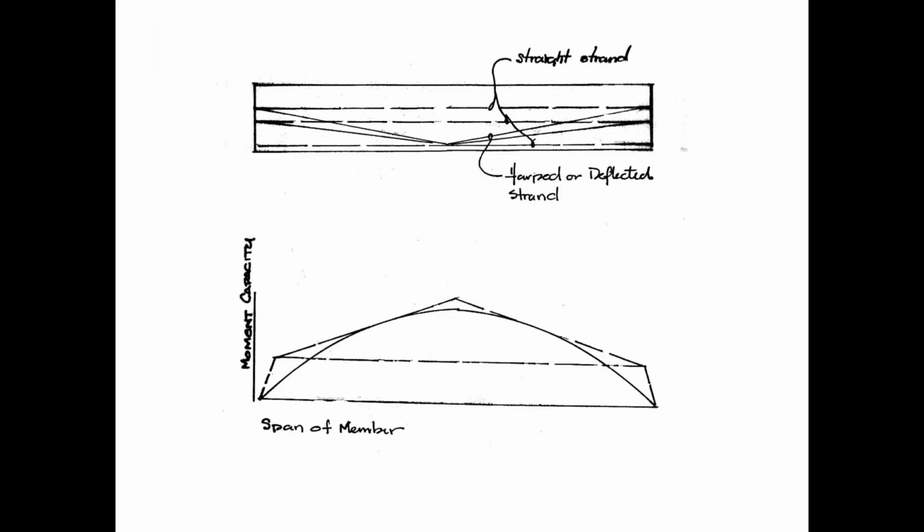Now the lower diagram is something that if you have an engineering background, you may be familiar with. But if you don't have an engineering background, which most of the people in this class probably don't, then this diagram probably doesn't mean a whole lot to you. But this is what we refer to as a moment diagram.